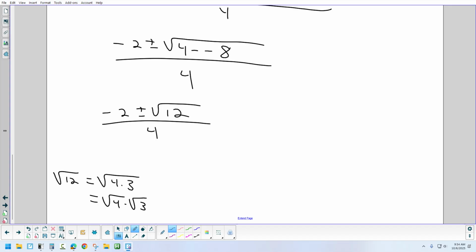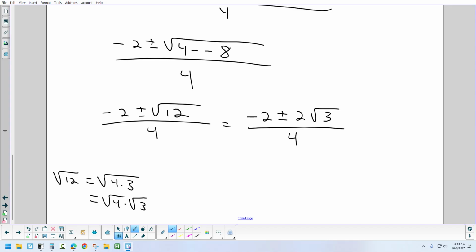So what is the square root of 12 once you simplify it? Yeah, 2 times the square root of 3. So anytime we get a square root, we do have to simplify. That's not quadratic formula, that's just arithmetic with square roots. Okay, we always have to simplify. So we get 2 square root of 3 divided by 4.